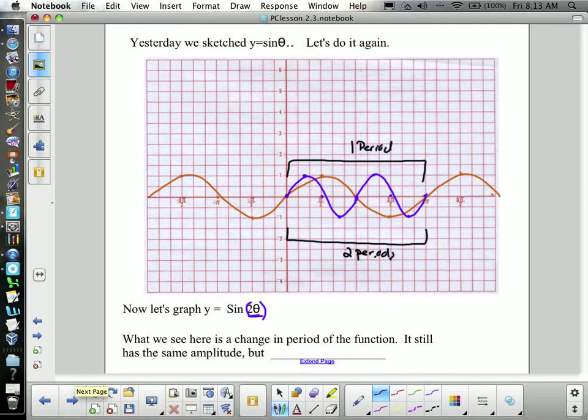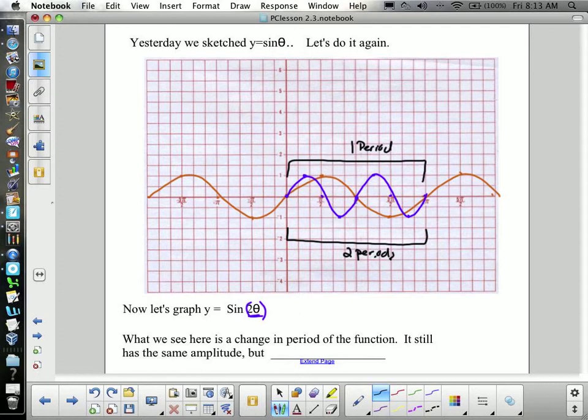We're changing the period of the function when I multiply theta by a constant. And if I multiply theta by a constant less than 1, we stretch it out. Either it pushes the waves closer together or stretches them out. The higher the number, the closer it's pushing the waves together. If I use a fraction like 1/4 or 1/3, it's really stretching them out.